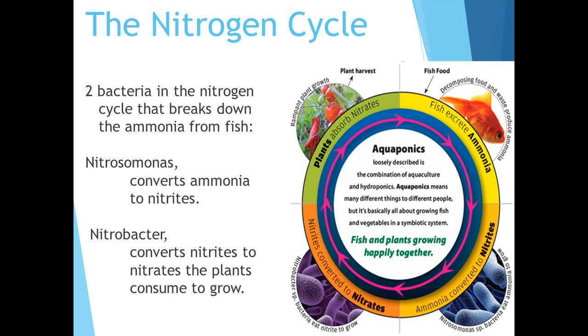All of that goes through a cycle which creates two different types of bacteria. The ammonia is converted to nitrites, and then the nitrites are converted to nitrates, which are then absorbed by your plants, making them grow.